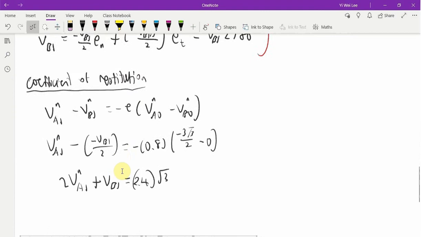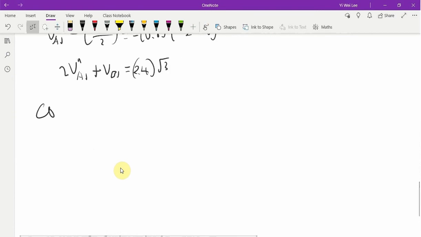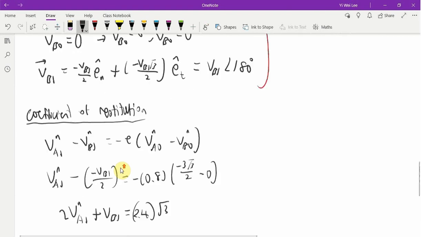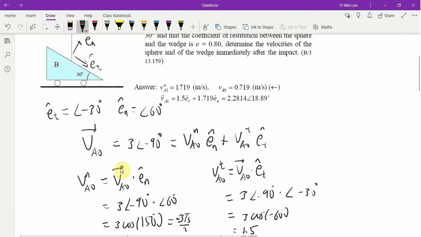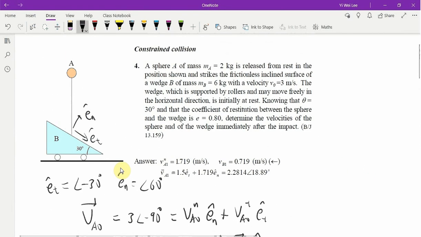But it's not enough, so definitely we need to use conservation of linear momentum, right? Because this equation alone is not enough. So first of all, conservation of linear momentum. How do we do this? As far as conservation of linear momentum is concerned, we have to draw boundaries.